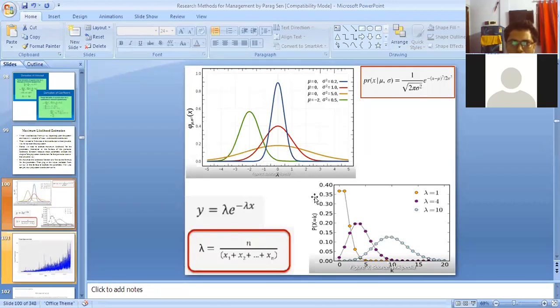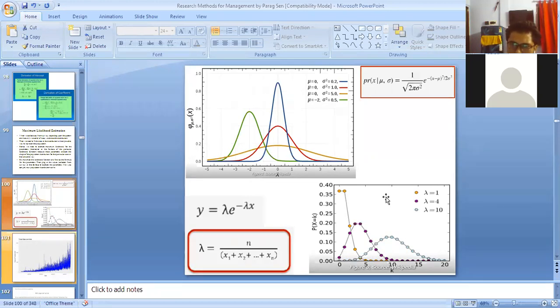What is the shape parameter? Suppose you consider some distributions, for example normal distributions: some you will find are very skinny in nature, and some you will find are large boned. You can also see in the exponential distribution that this is one exponential function, this is another, and this is another.